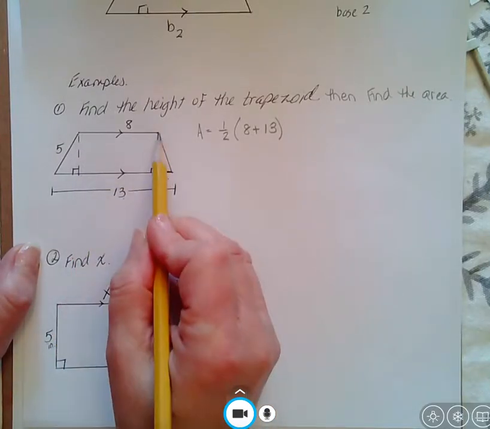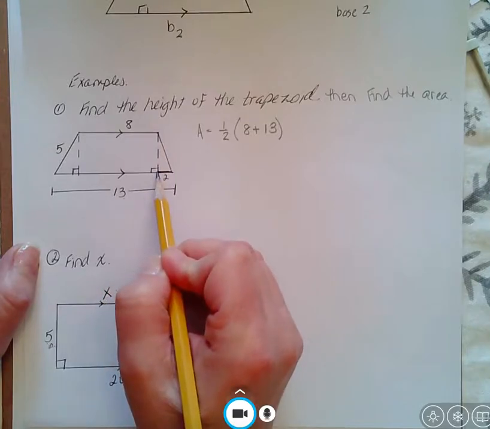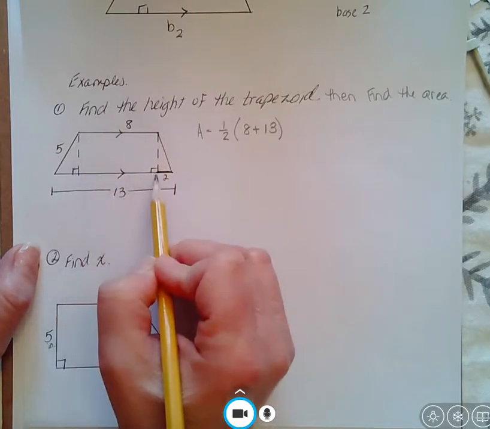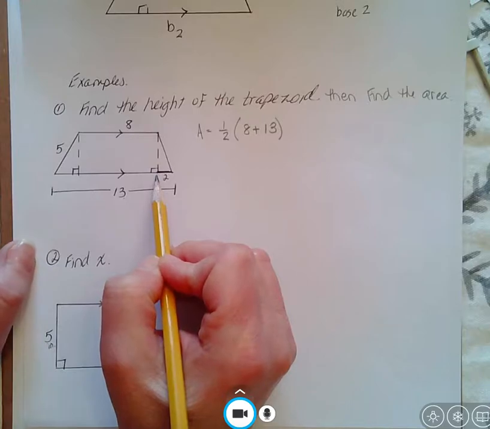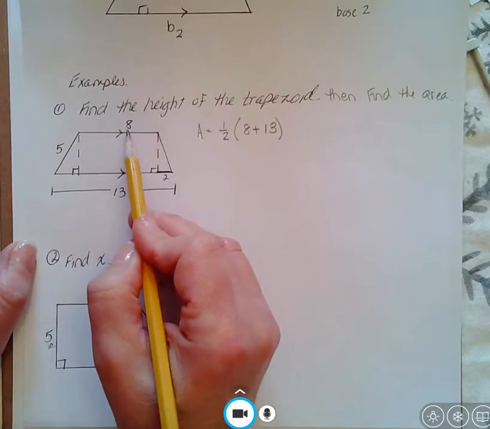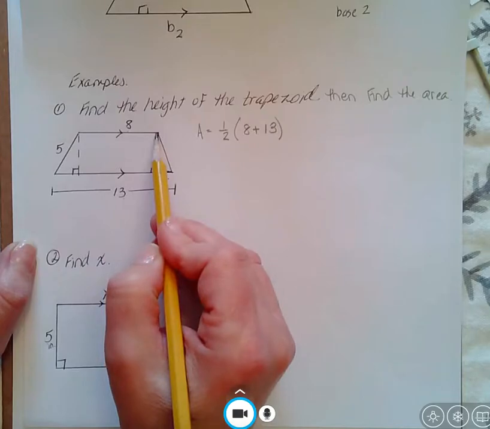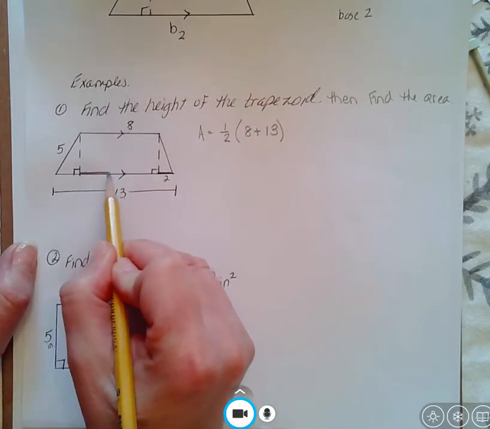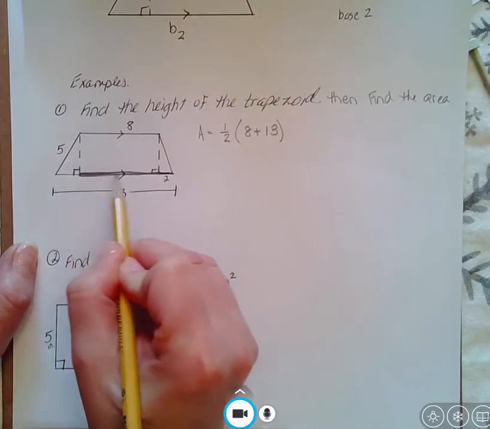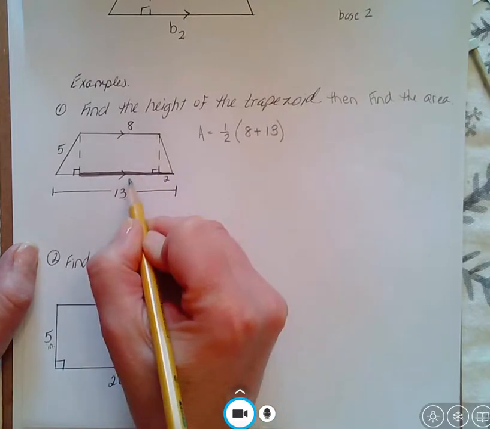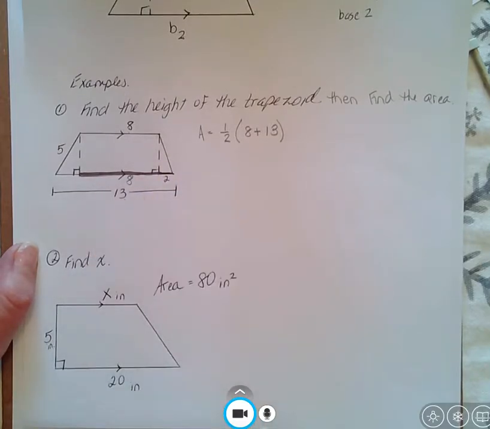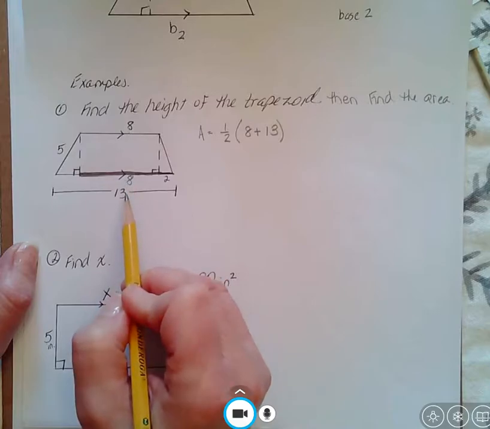Well, let's see. Dropping both of these altitudes here gives me a rectangle in the center. If 8 is this top side of the rectangle, then the bottom side of the rectangle is 8 also. So the middle piece is 8.